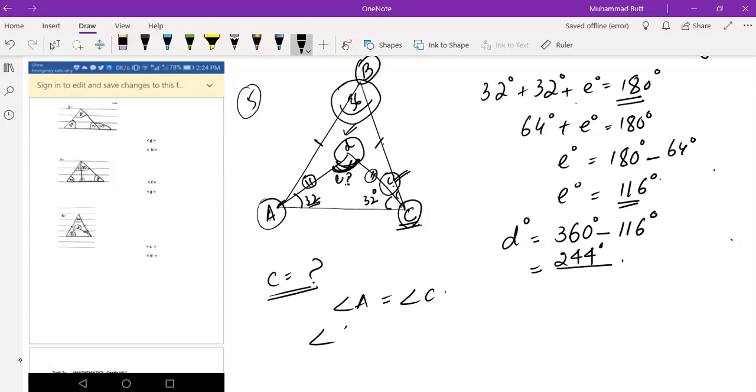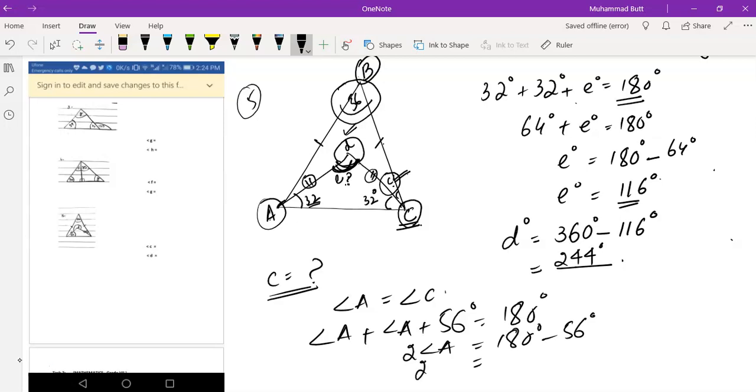So angle A plus angle A plus 56 is equal to 180 degrees. So angle A is 180 minus 56 and it is 124. Angle A will be 124 divided by 2, 62. It means that the whole angle is equal to 62 degrees.